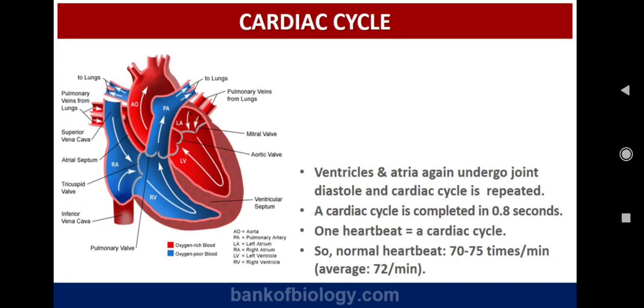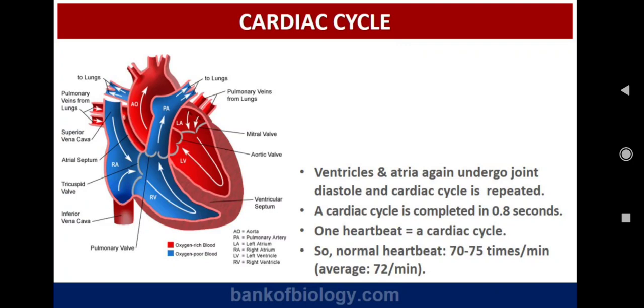One heartbeat is equal to a cardiac cycle. So the normal heartbeat is 70 to 75 times per minute. The average is 72 per minute.